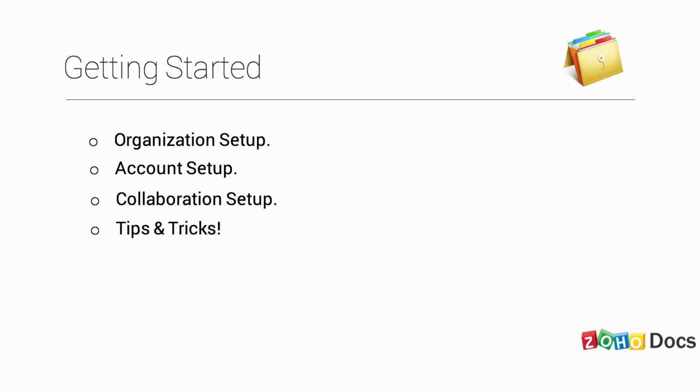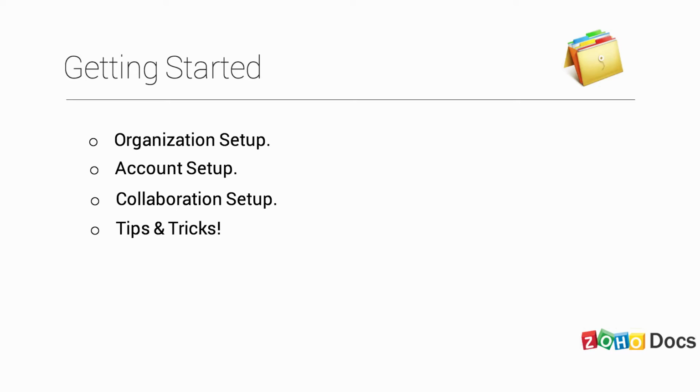Then we'll switch to account setup, in which we'll discuss how to upload files and folders to the account, how to use the Zoho Docs sync application, and so on. And then we're going to talk about the collaboration setup, in which we will learn how to share files and folders in Zoho Docs and how to make use of the collaboration tools of Zoho Docs. And then I'll end the session by giving you some tips and tricks which will save you a lot of time.